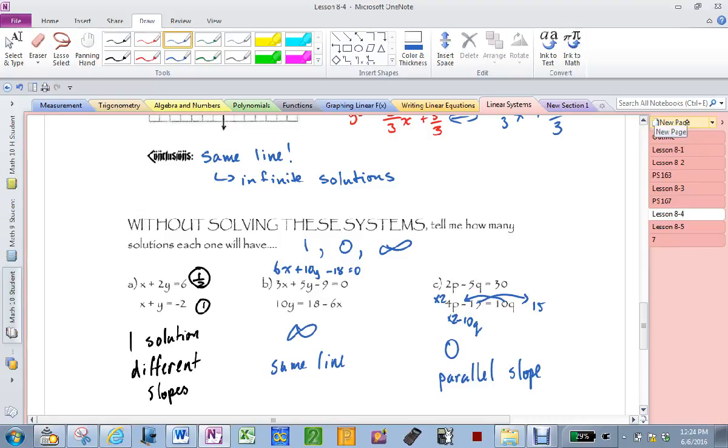Now, you might have noticed that the lessons in this unit have been exceedingly short, right? To give you lots of time to practice, because while this is not difficult, what is it? It's very technical, isn't it? You have to pay very close attention to the signs and to your algebra.